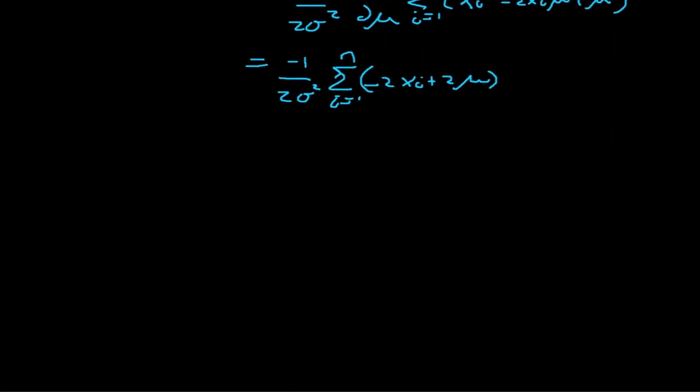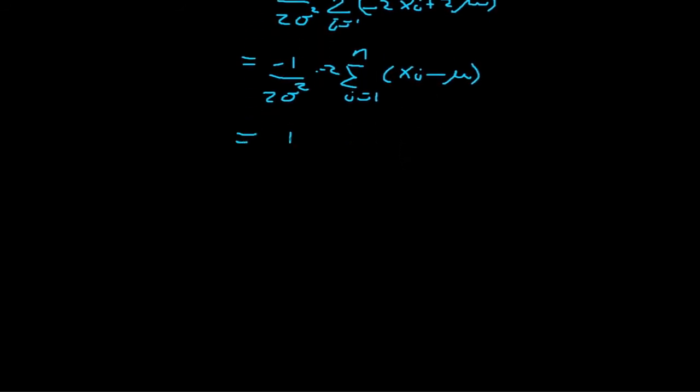Okay, so now as you guys can see, we can get this 2 out of the bracket right here, so that will give us divided by 2 sigma squared times 2, and we will also get this minus out of the bracket, so this will give us times minus 2, and then we will be left with this term right here, xi minus mu.